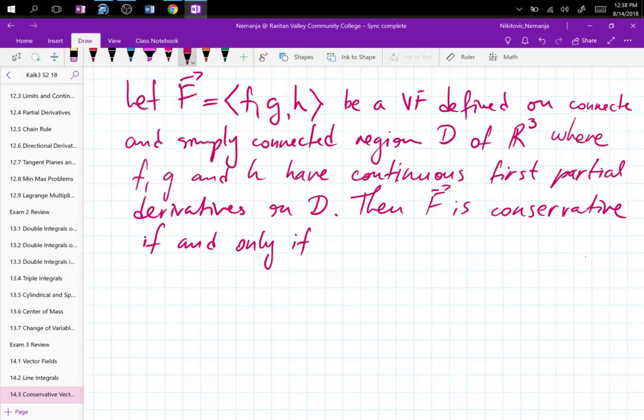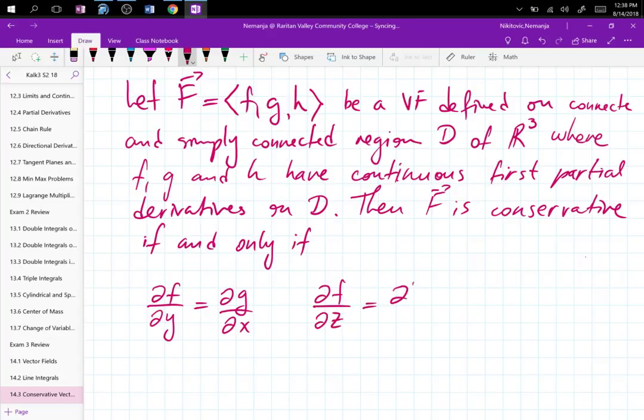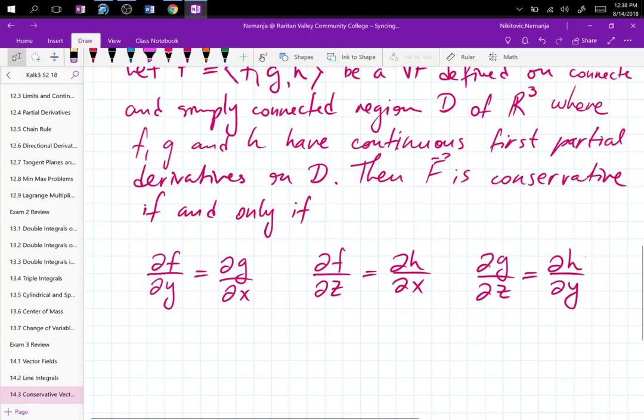Partial f partial y is equal to partial g partial x. Partial f partial z is partial h partial x. Partial g partial z is equal to partial h partial y. So these are all combinations that we can get.